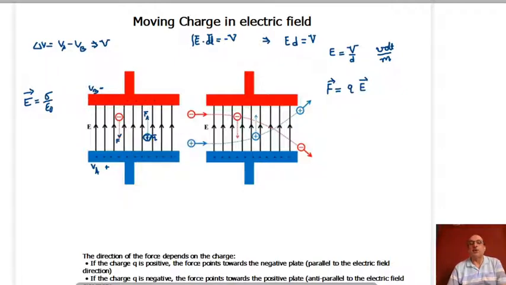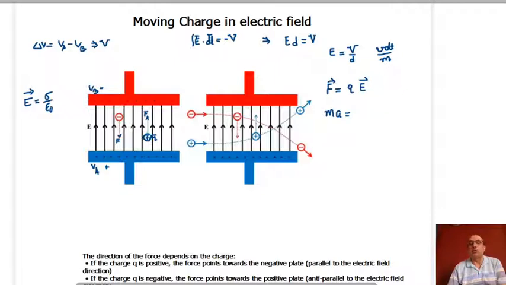So the force acting on the moving charge parallel to the electric field is in the direction of the electric field or in the opposite direction of the electric field according to the nature of the charge. Hence, the charge will get acceleration.